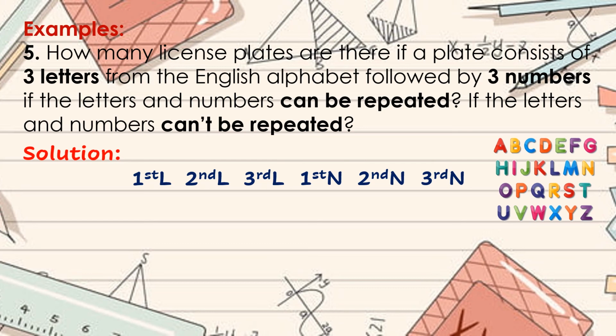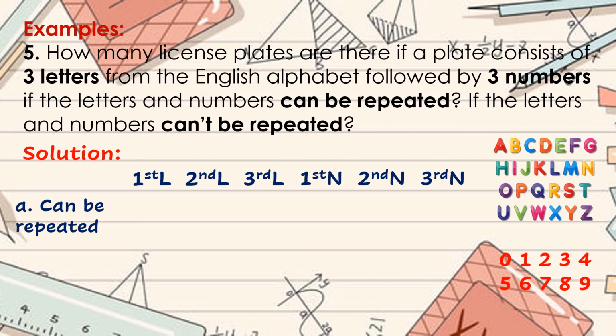Okay? Ayan. So, ang numbers natin ay mag-start sa 0 at magtatapos sa 9. So, meron tayong 10 choices for numbers and 26 choices for the letters. Unahin natin ang can be repeated.